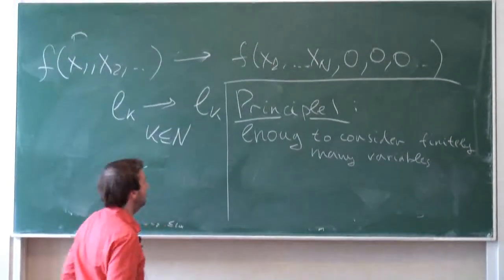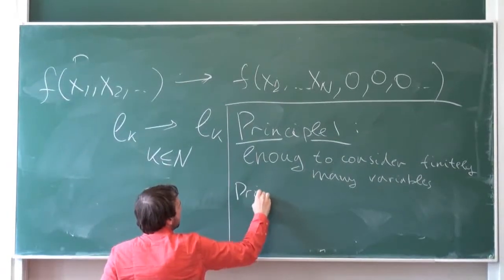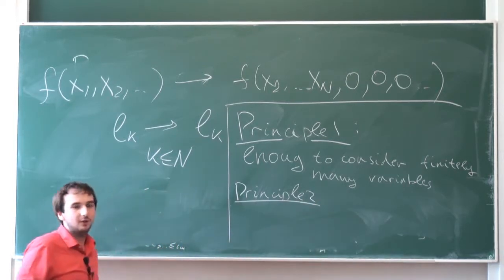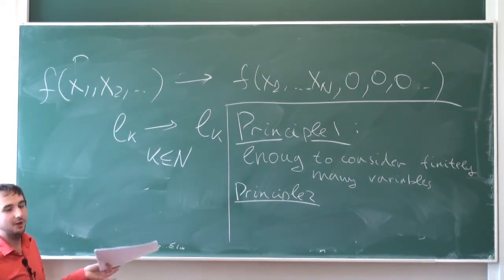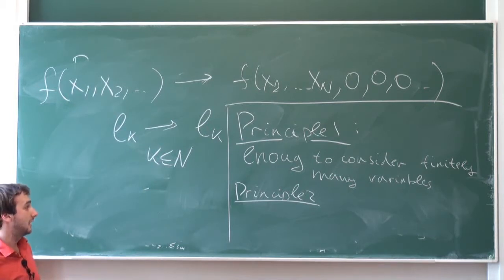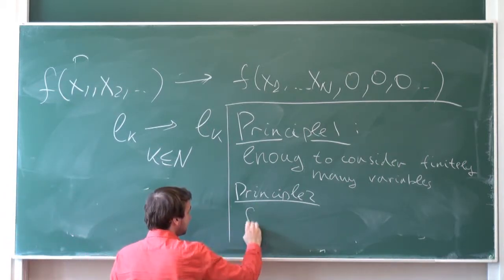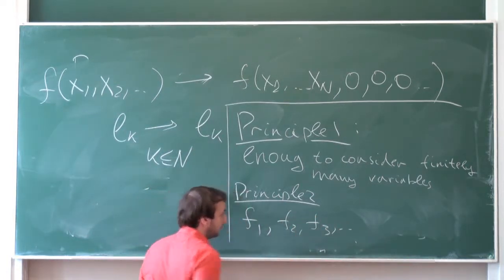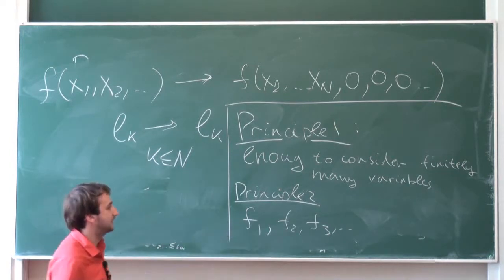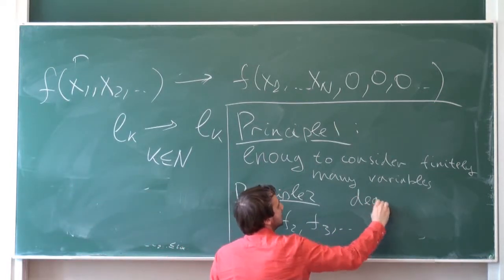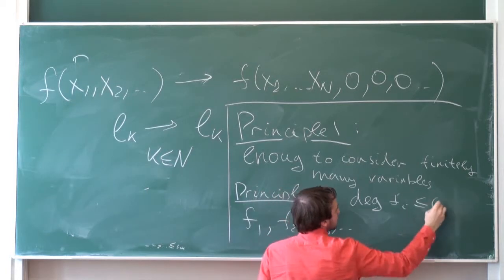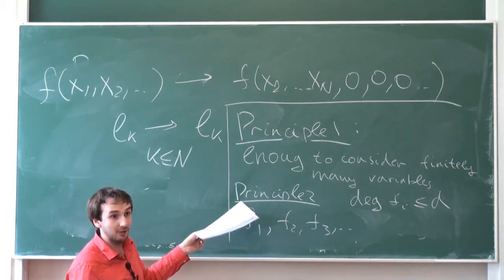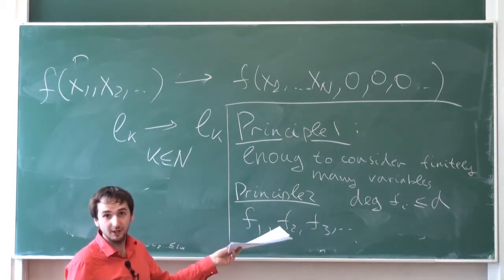So the second principle explains how you can define some new symmetric polynomials. Suppose that you have a sequence of symmetric polynomials f1, f2, f3, and so on, such that the degrees of the f's are bounded by some number d. f1 is a symmetric polynomial in one variable, f2 is a symmetric polynomial in two variables, f3 is a symmetric polynomial in three variables, and so on.